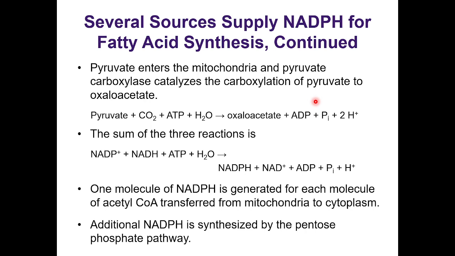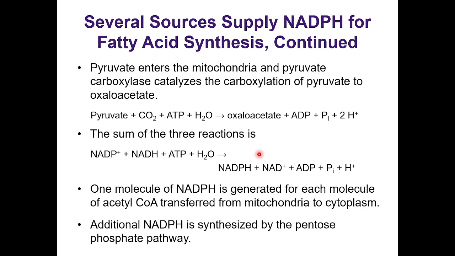The pyruvate is going to enter the mitochondrion. Pyruvate carboxylase catalyzes the carboxylation of the pyruvate to oxaloacetate. This will give you this overall reaction. The sum of your three reactions is this right here, and that's the overall reaction.